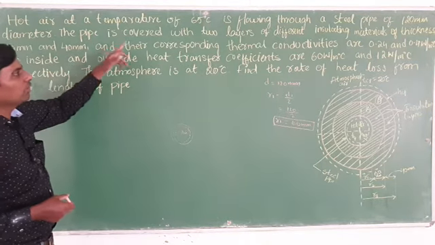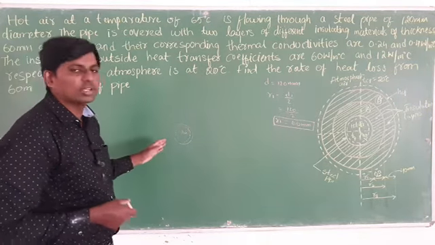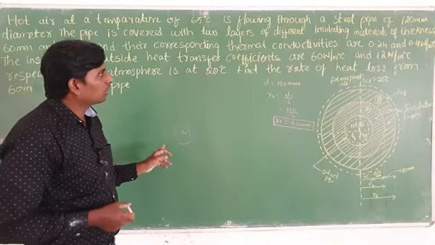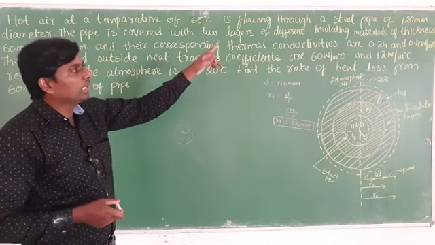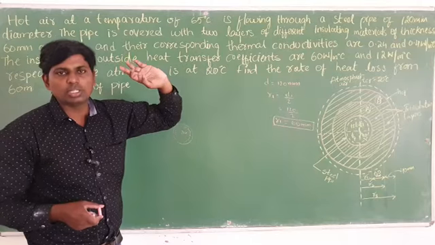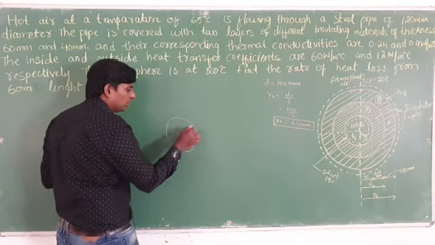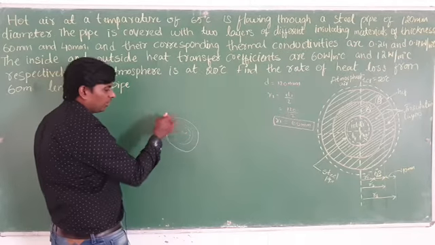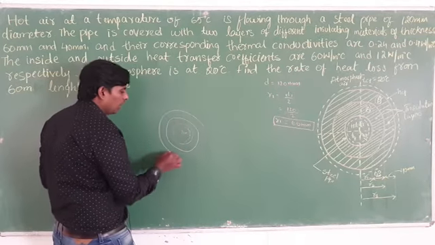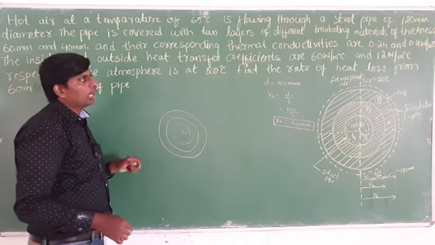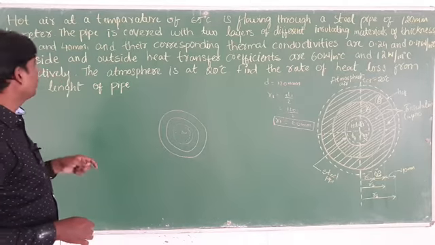After that, what is given? The pipe is covered with 2 layers of different insulating material. Two layers means this one is the first layer, this one is your pipe, it is covered with one layer and this one is the other layer.